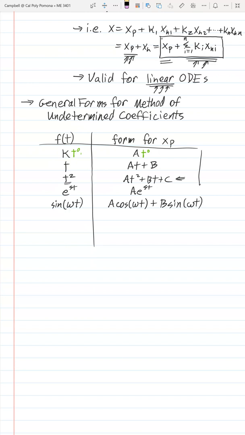And again, you can see that the arguments just map right on over. It's just the coefficients that are going to be a bit different. And we get cosine omega t.